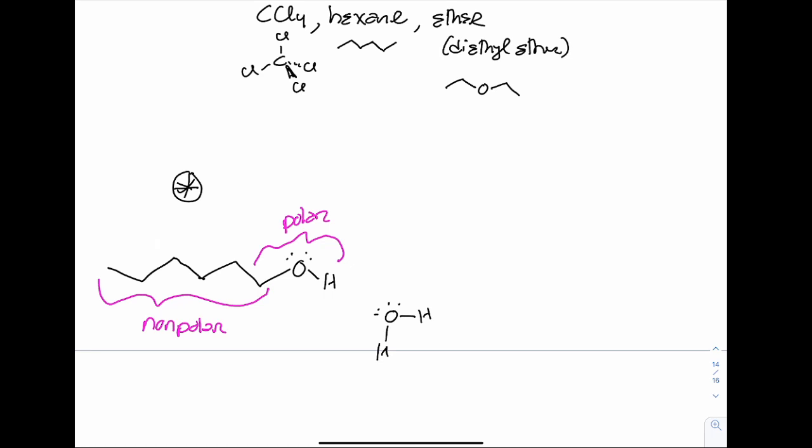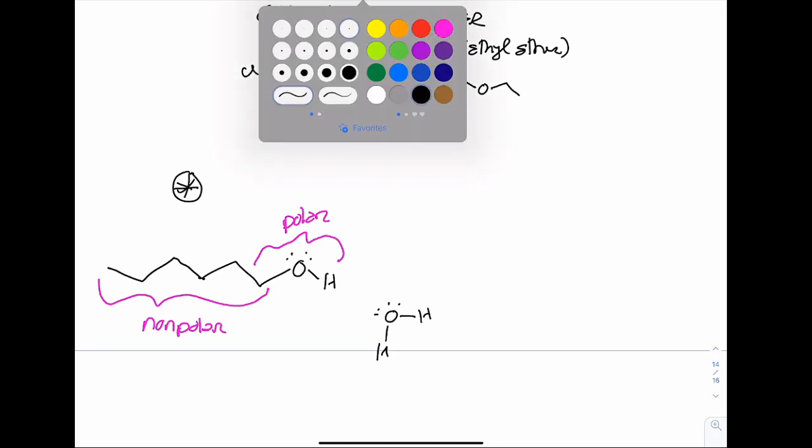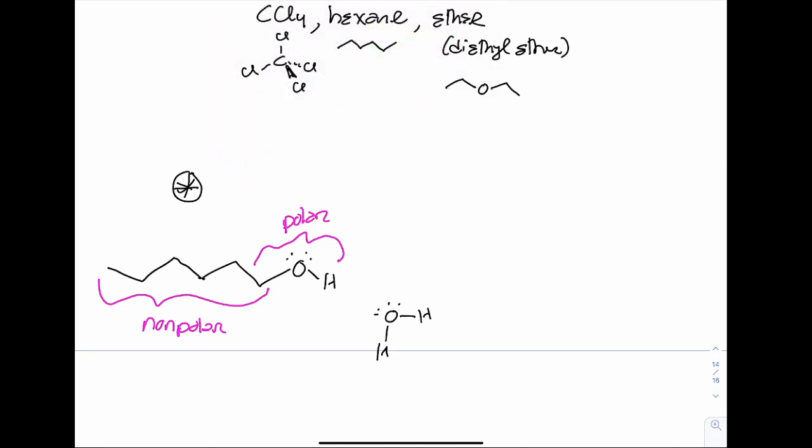If your non-polar portion is actually bigger than your polar portion, then the net effect of that molecule is that it's not going to dissolve in water. So you really have to look at the entire molecule, not just the functional group, when we're looking at water solubility.